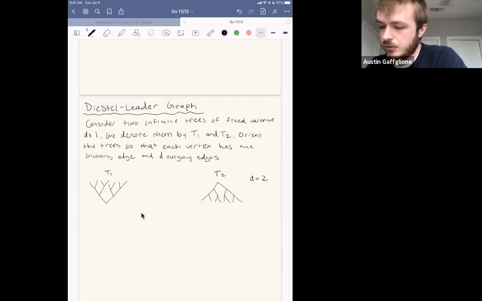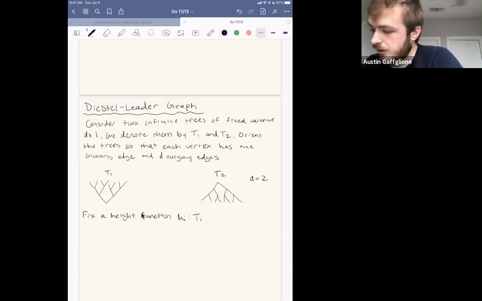And so I'm going to fix a height function. I call it h hat sub i, where the domain is T sub i, and it maps to Z on each tree.